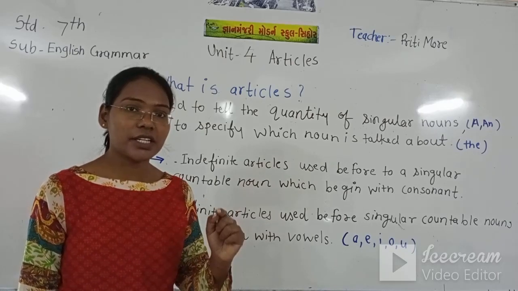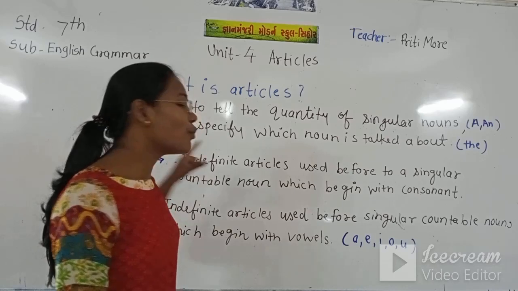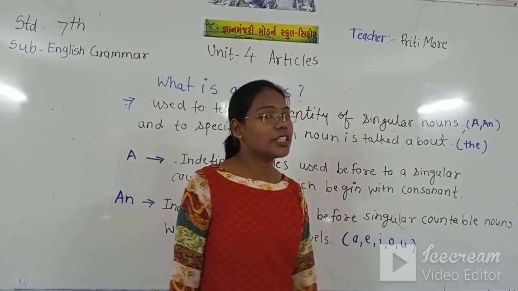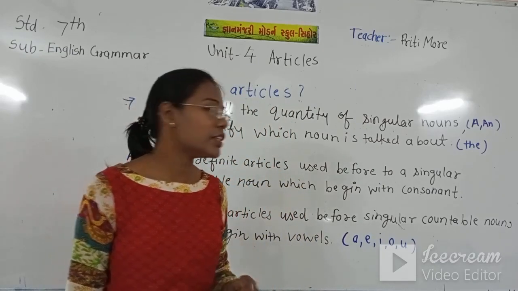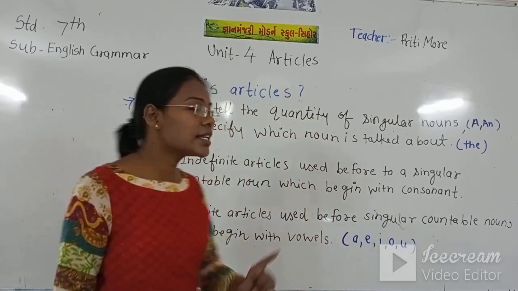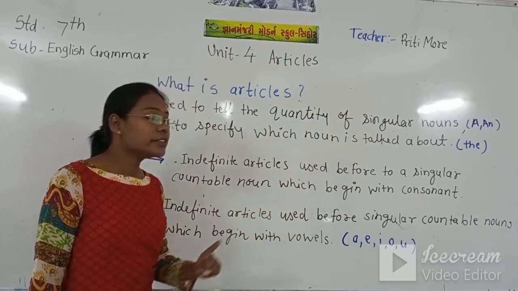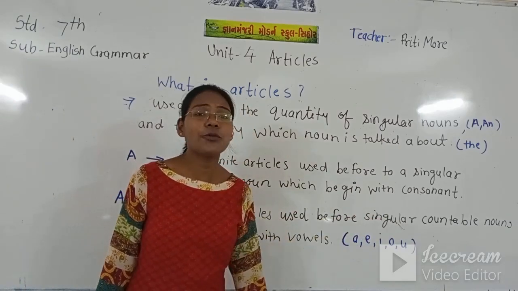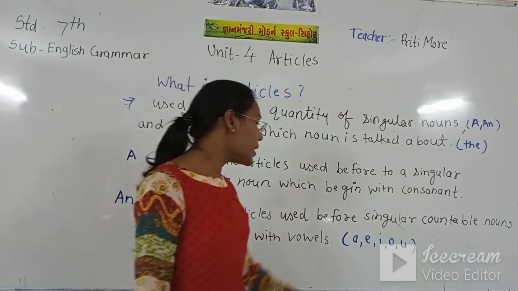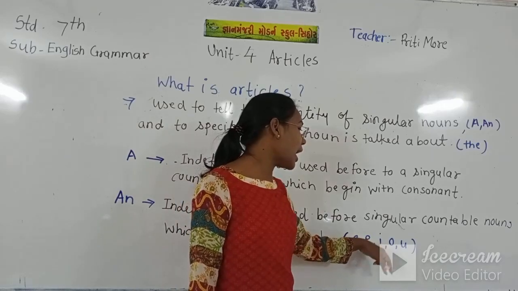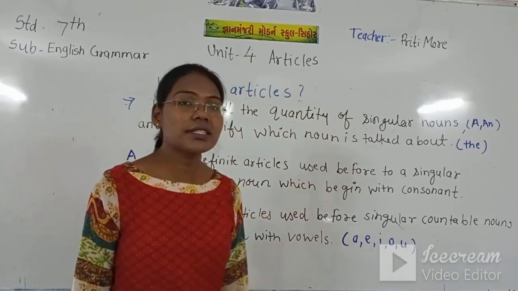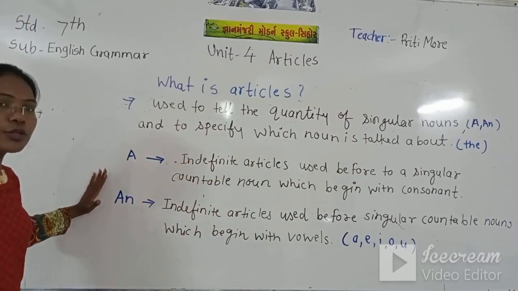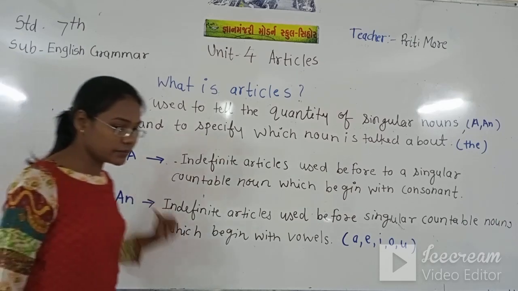The difference is just that we use a when the singular countable noun begins with a consonant, and we use an when it begins with a vowel like a, e, i, o, u. So first note this down in your notebook, then we will see the examples.